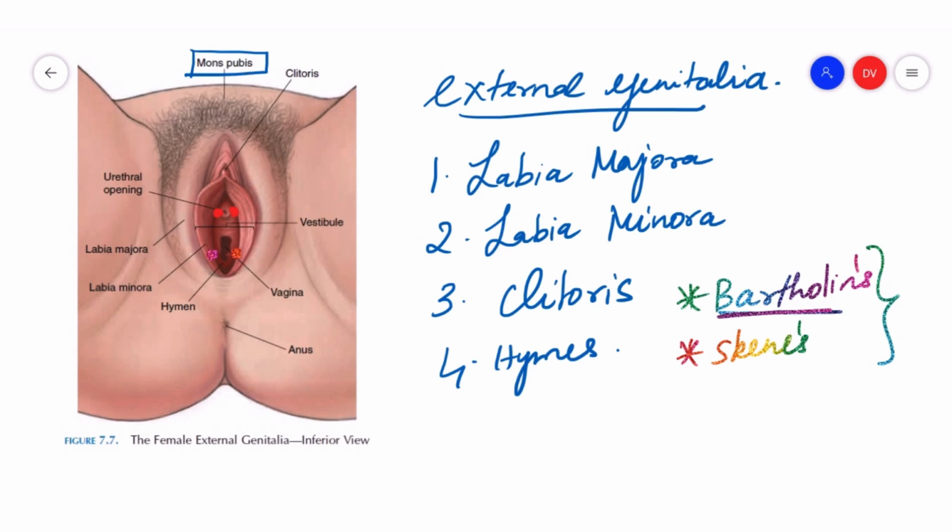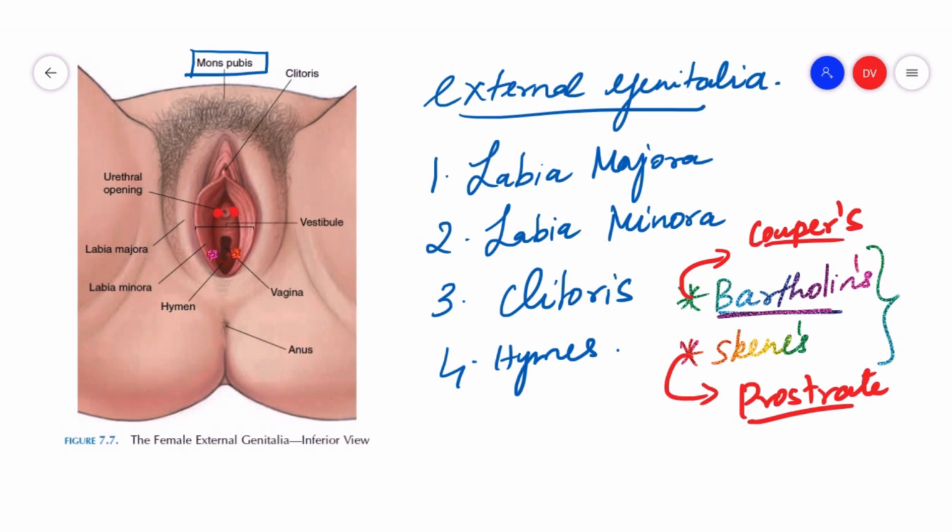You can compare the Bartholin's gland to the bulbourethral gland, the Cowper's gland, in males, and the Skene's gland is like the prostate gland in males. So this is all about the external genitalia: the labia majora and minora for protection, the clitoris which stimulates sexual pleasure, and the hymen, the layer found in the vagina.